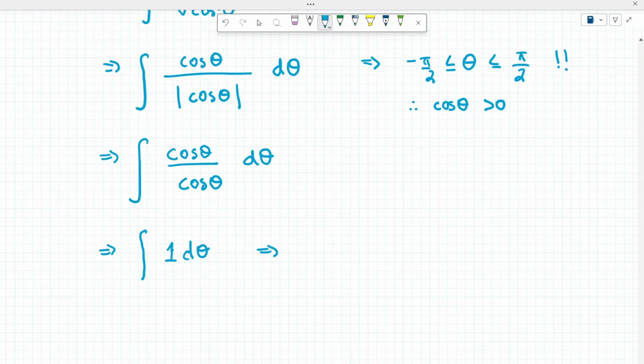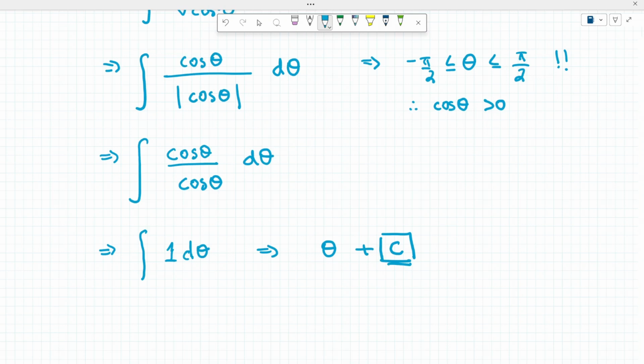So this is simply equal to theta, and then remember we always have to add plus c, because it's not a definite integral, it is an indefinite integral. So that means we do not have integration bounds, and because of that we always have to add this plus c. So always remember that for your exam.